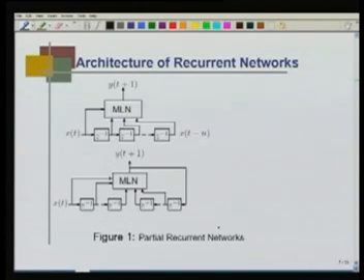Partial means that the main body of the network is like a multi-layer network, with a feed-forward structure layer-wise, but at the input there is a temporal sequence: the input to the network is x(t), x(t-1), then one delay further x(t-2), until x(t-n). This is normally known as a time delay network.